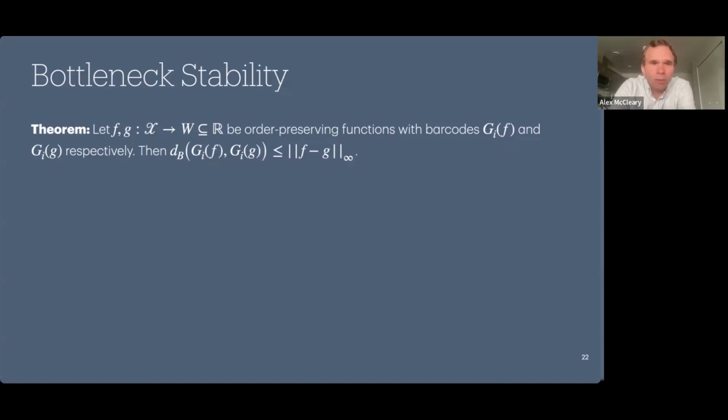And you can always find a well-ordered set that's epsilon close to every positive real number. You could just take epsilon times the natural numbers, for example. And then you get a barcode in some sense, and it might have an infinite number of bars. Yeah, that's fine.